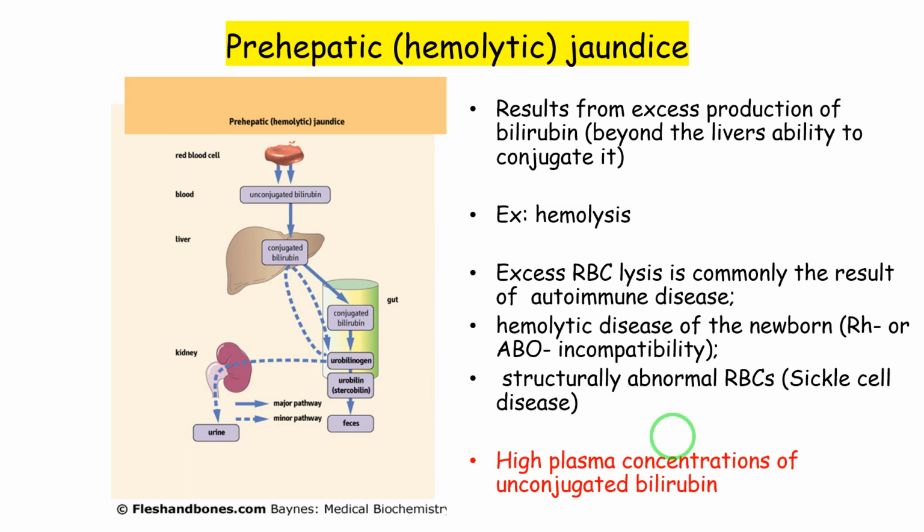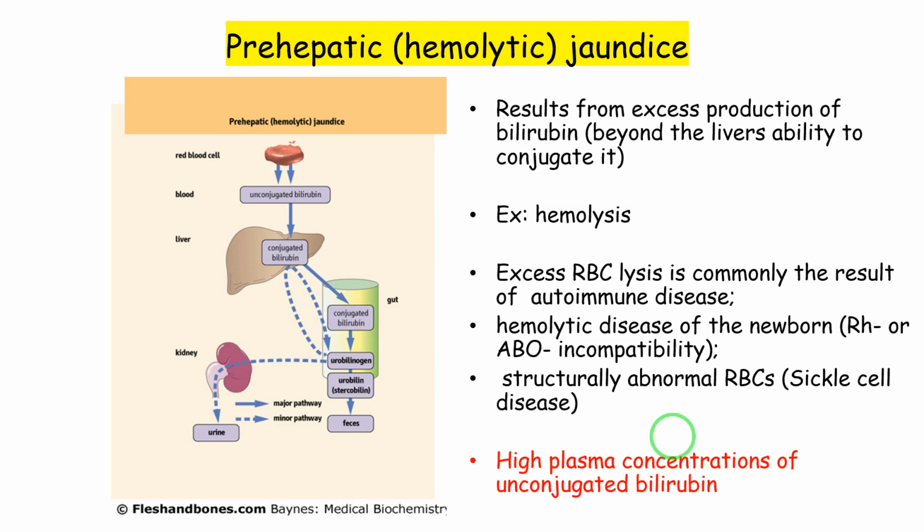Any type of anemia, whether autoimmune hemolytic anemia, or in the newborn due to hemolytic disease of the newborn, or sickle cell anemia, may lead to a prehepatic hemolytic jaundice. Because the conjugation is normal and there is no obstruction, the part of the bilirubin that is increased is usually the unconjugated bilirubin.